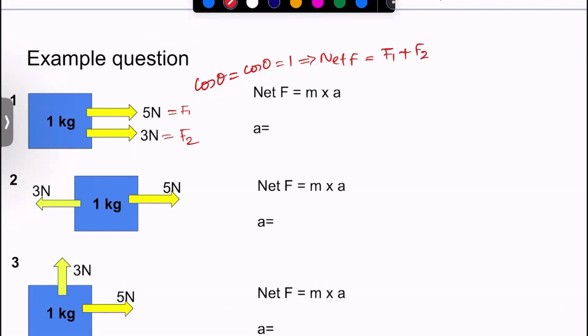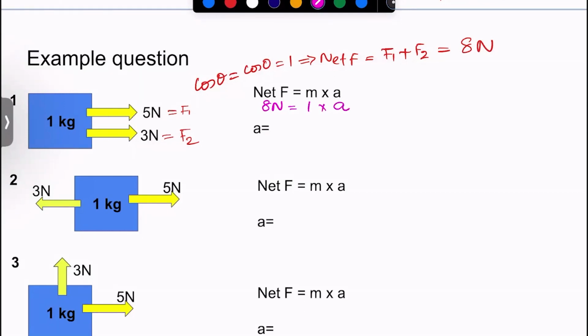If two people are pulling a 1 kg object with 5 Newton force and 3 Newton force together along the same direction, then both the forces will be adding up. That becomes 8 Newton. Okay, so net force here is 8 Newton and mass is 1 kg.